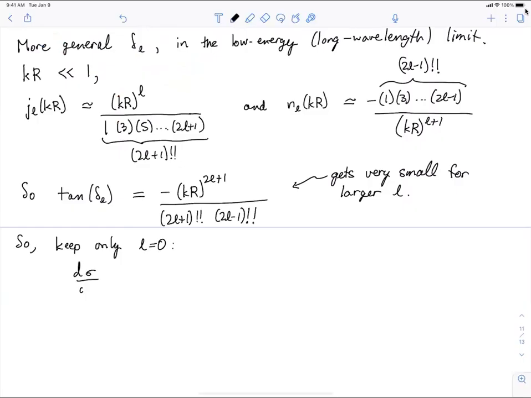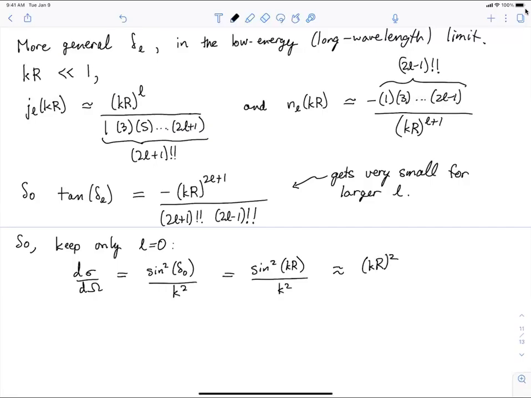Now we can write down our differential cross-section, which is just sine squared delta 0. So there was a 2L plus 1 factor, but L is 0. So that's just 1 divided by k squared. And so I can write that as sine squared kr over k squared in this example. And so for very small kr, this is approximately kr squared.